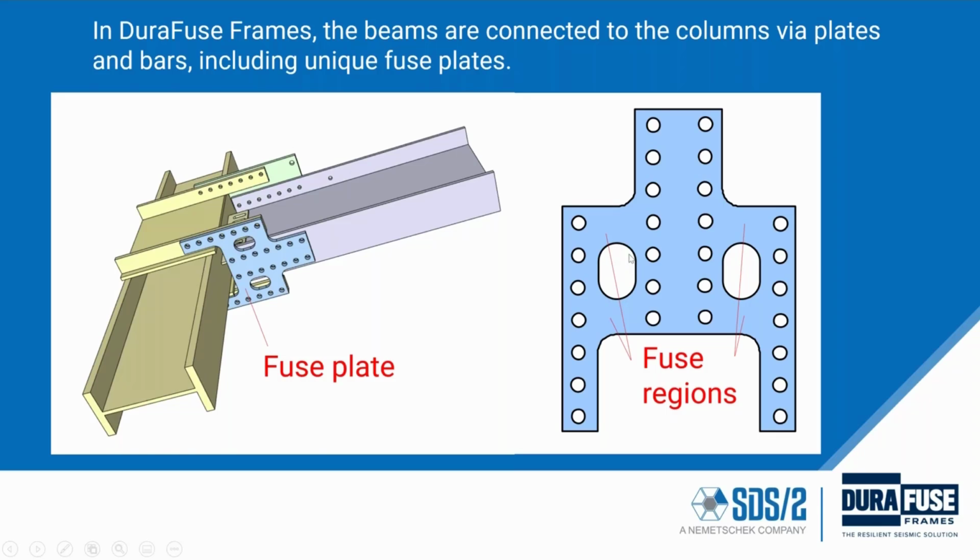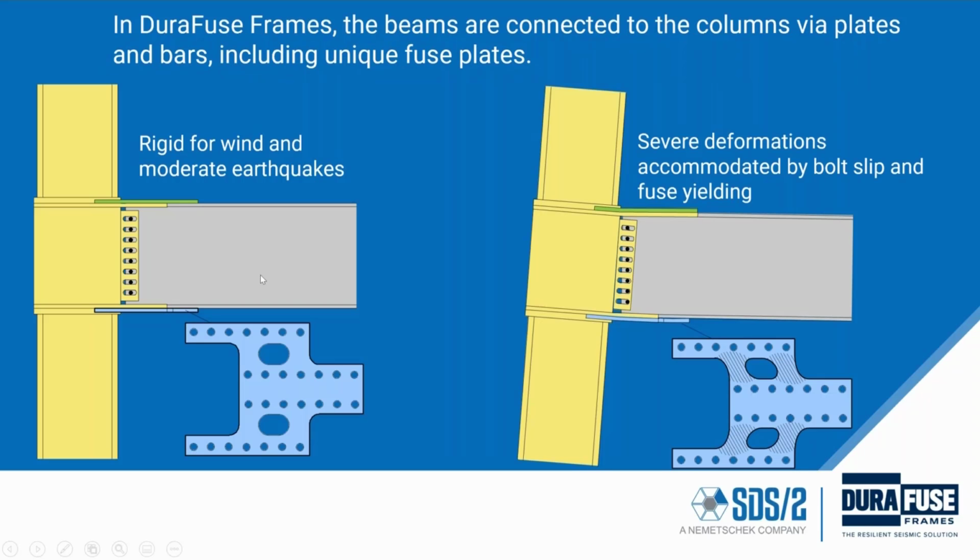The fuse plate has regions that are cut out, and the parts that remain are what we call fuse regions that are designed to yield during a severe earthquake. And the basic idea is that rather than letting the beam yield and sacrificing the beam during the earthquake, all the damage is concentrated onto this fuse plate here at the bottom.